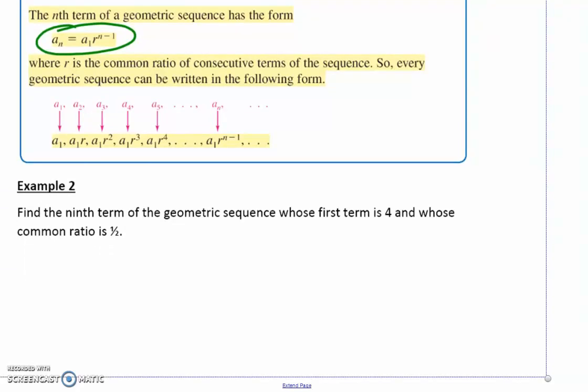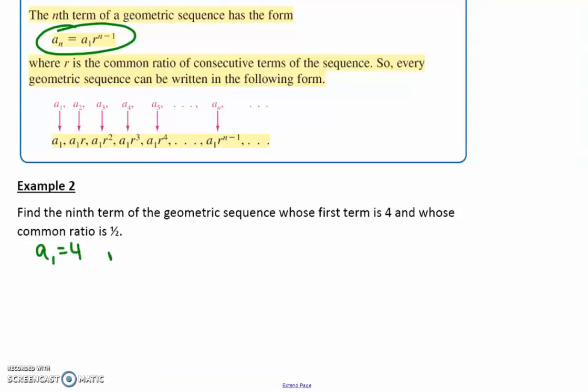So we want to find the 9th term of the geometric sequence whose first term is 4 and whose common ratio is 1/2. So a sub 1 is 4 and r is 1/2. We're just going to plug that into the formula. A sub n equals a sub 1 times r to the n minus 1, so a sub n equals 4 times 1/2 to the n minus 1.